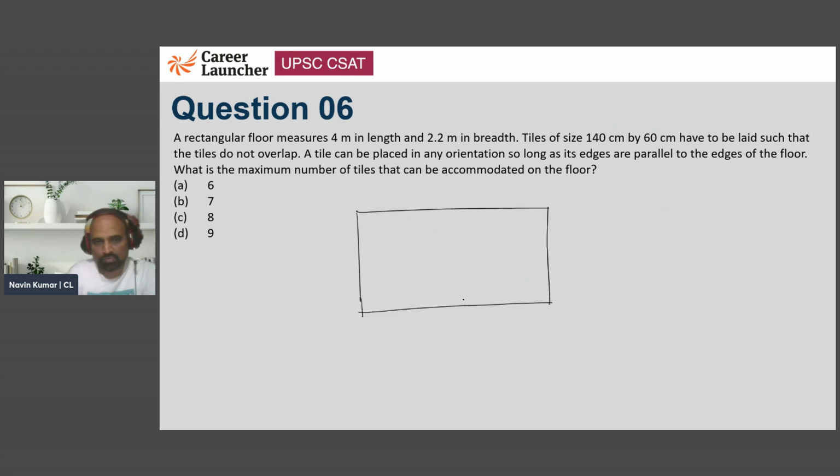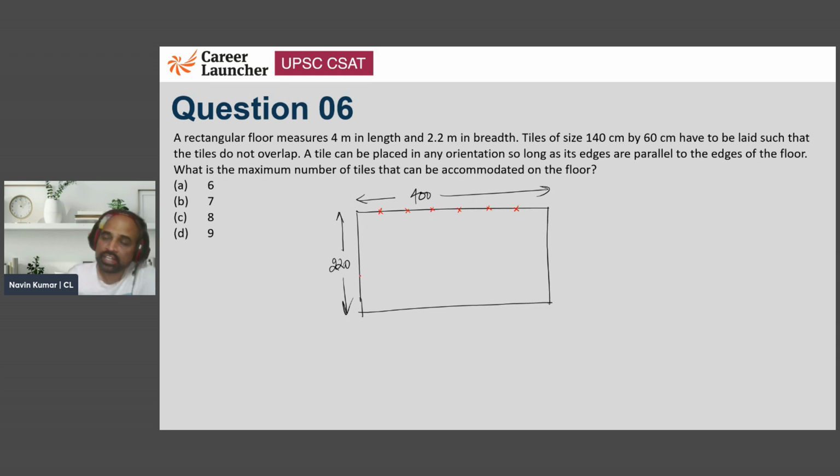So this is 220 centimeter and this is 400 centimeter. Now for 400, if we break it down into 60s, that's going to be 6 alone. So the very first solution that we were looking at. So this is going to be 1, 2, 3, 4, 5, 6.